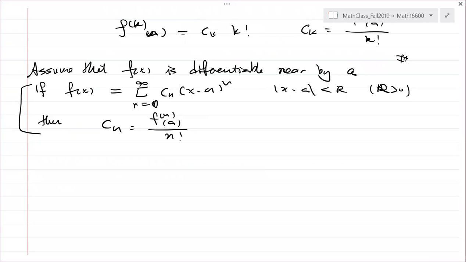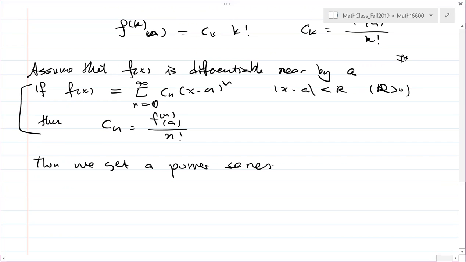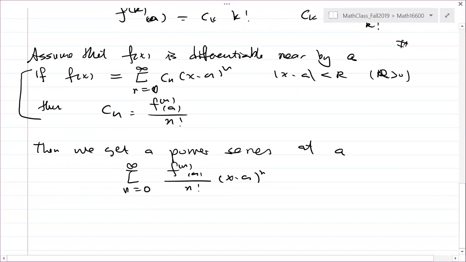Then we get a power series, as long as the function is differentiable at a. Because we don't know that they're equal, we just say if the function is represented as a power series, then the c_n must be determined. So there's only one candidate there.